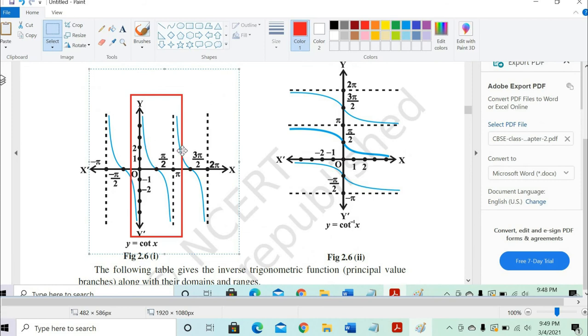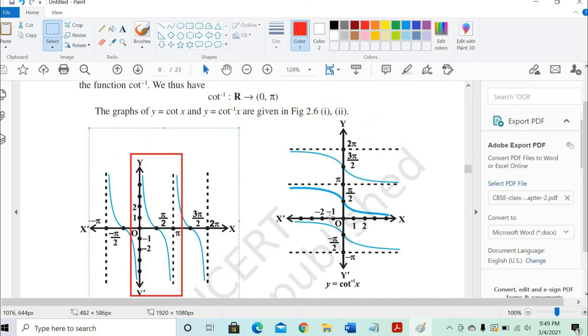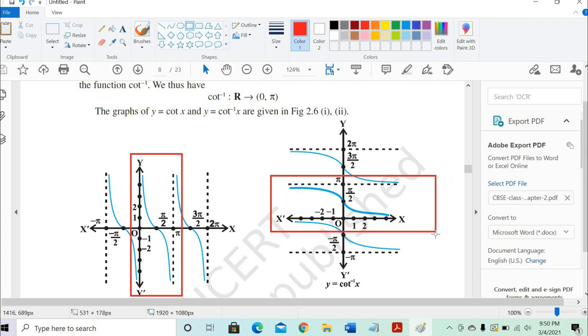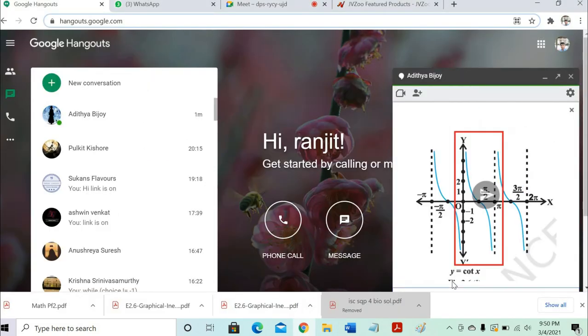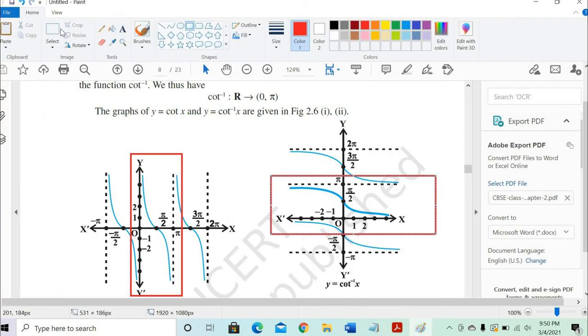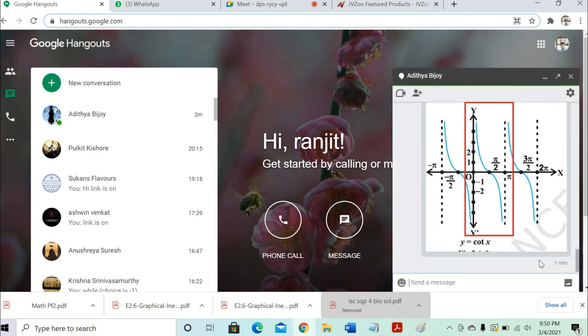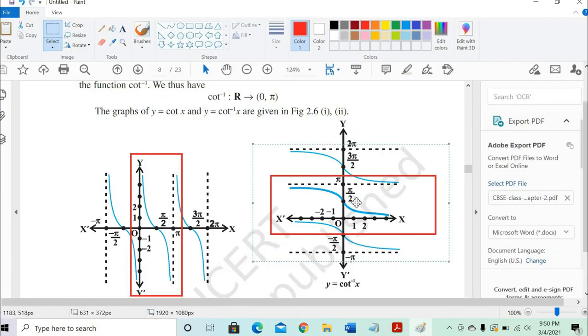Again, this is a continuous graph between 0 and pi only, so focus on that part only. The rest is just repeated, so not to worry. Got it? Okay, draw that now.